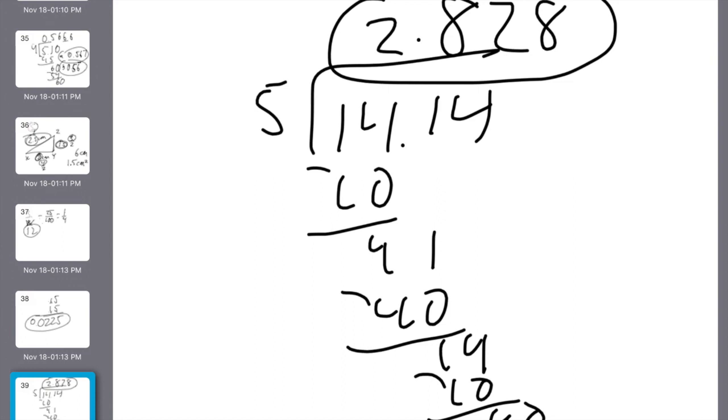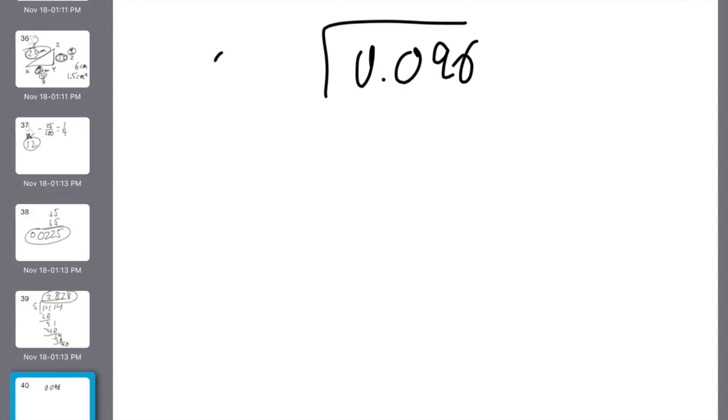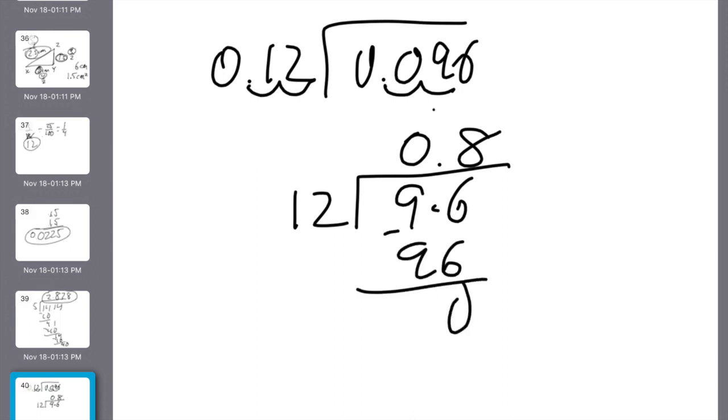So I got 2.828 for an answer. 24, dividing again. This time I have 0.096 divided by 1200ths. I like to rewrite it. 12 into 9.6. Goes in there 0 times, goes in there 8 times. That's 96, and my answer is 8/10.